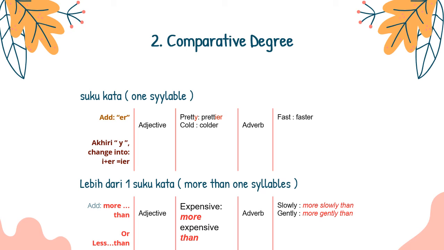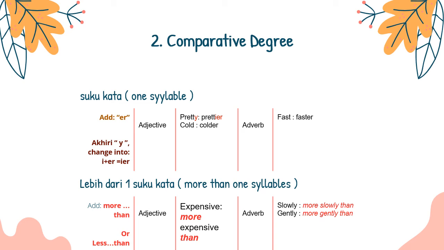And then when the adjective or the adverb has more than one syllable, we have other rules. We have to add more than or less than. For example, the word expensive. Expensive is more than one syllable, so we use the word more or maybe less.